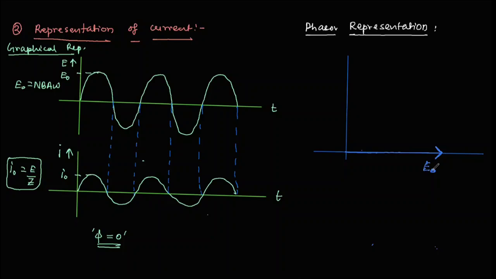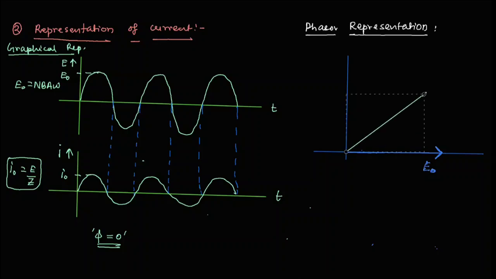So everything over here is represented as an anti-clockwise rotating vector, and the current we are representing is in this way. We are representing current as an anti-clockwise rotating vector.